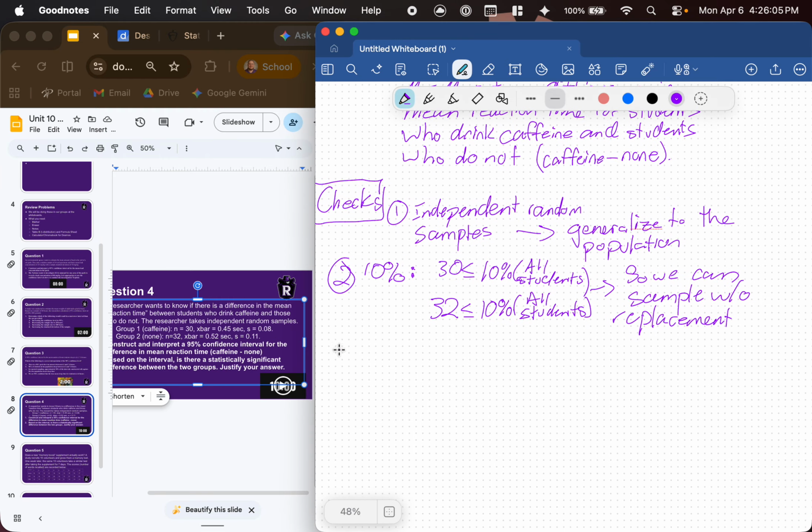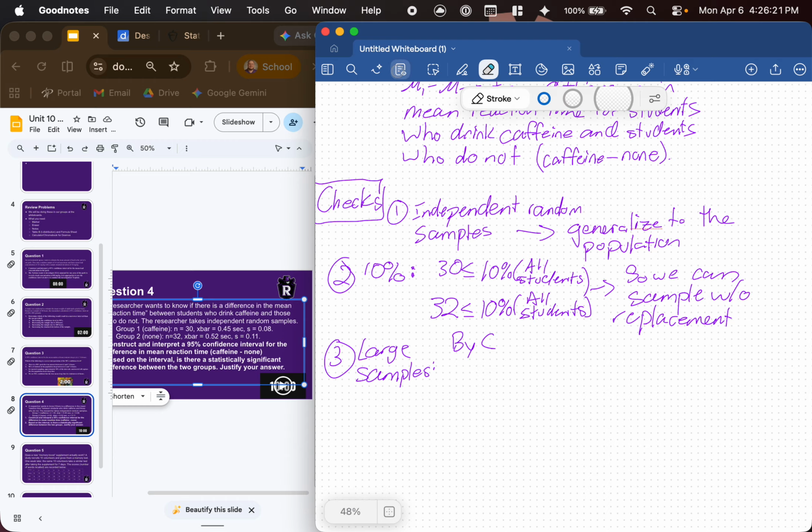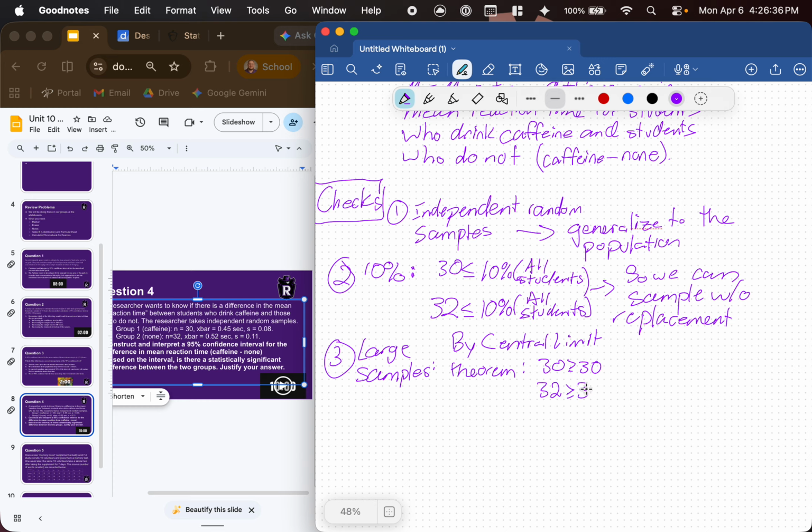All right, and then finally, third, large samples. So we have to check this for both. I think it's best to spell this out. By the central limit theorem, 30 is greater than or equal to 30, and 32 is greater than or equal to 30.